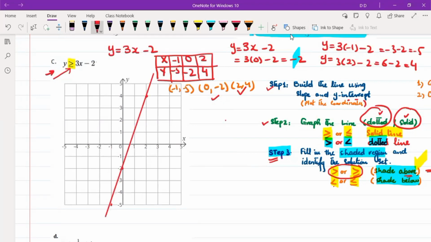Now we need to identify what? Third step, the last one, the shaded region. Which side do I need to shade? Above or below? Which side do we need to shade?